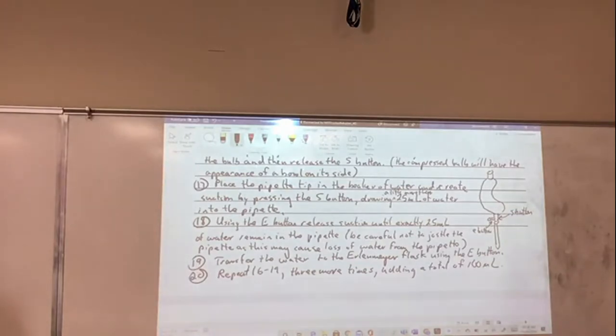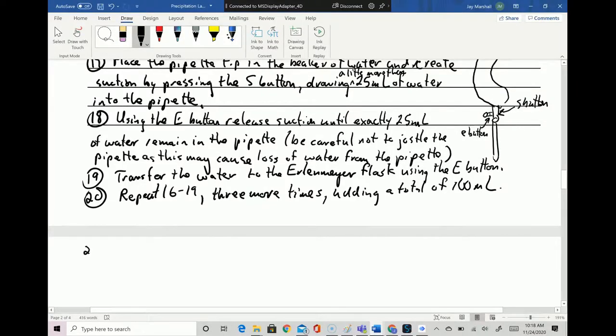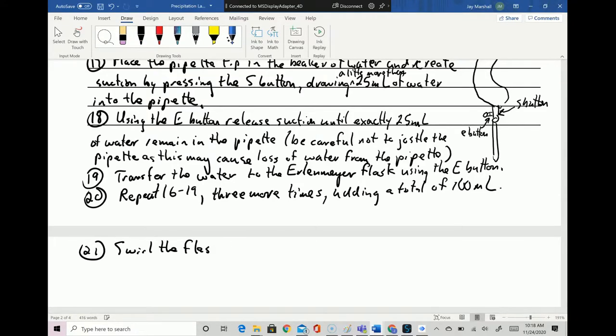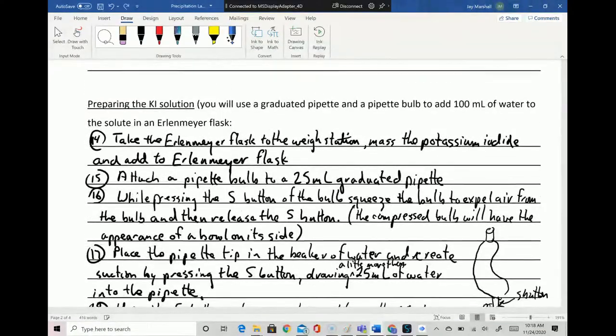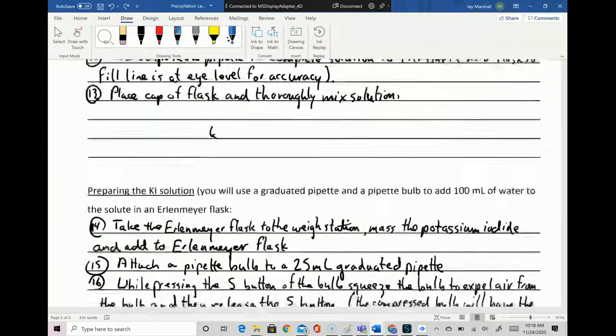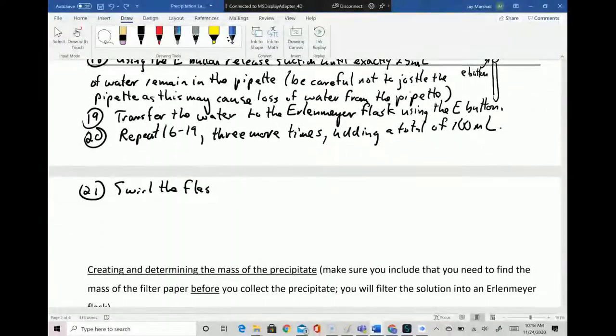And then swirl the flask. Oops. How did that happen? Swirl the flask to dissolve the solute.